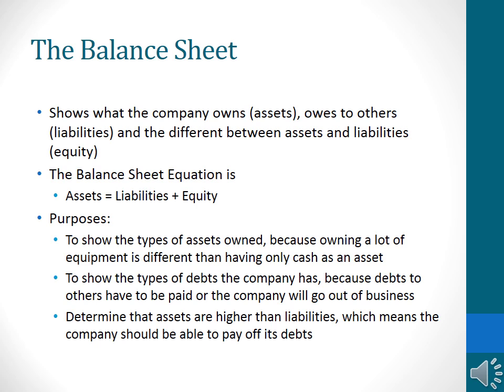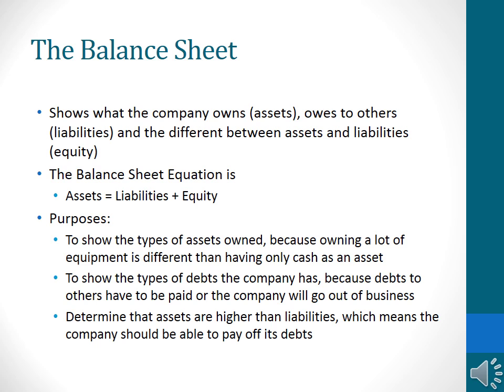Let's move on to the balance sheet now. A balance sheet shows what the company owns. These are things called assets. What the company owes, how much they owe, the liabilities of the company, are very important to most financial statement users. How much you own and what you owe and the difference between the two, equity, help users of the financial statements understand whether you're going to be able to pay your bills in the future.